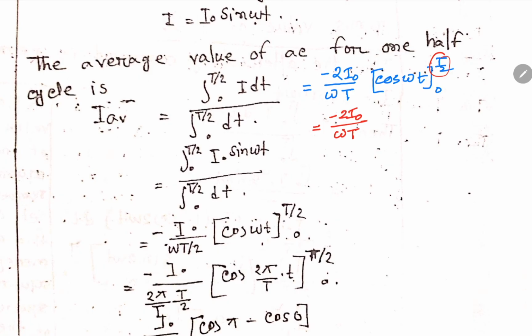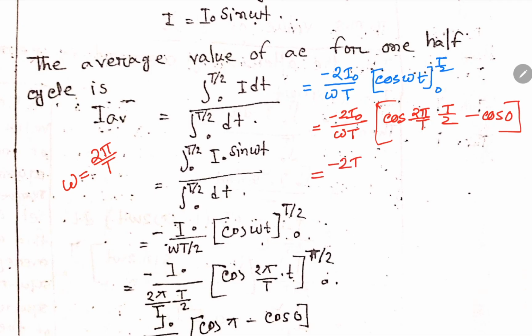Right? So remember guys, omega is 2 pi divided by capital T, and my small t here is capital T by 2. Okay, that is my upper limit. Now for the lower limit, you have 0. You plug in 0 here, it becomes 0. So you have cos 0.